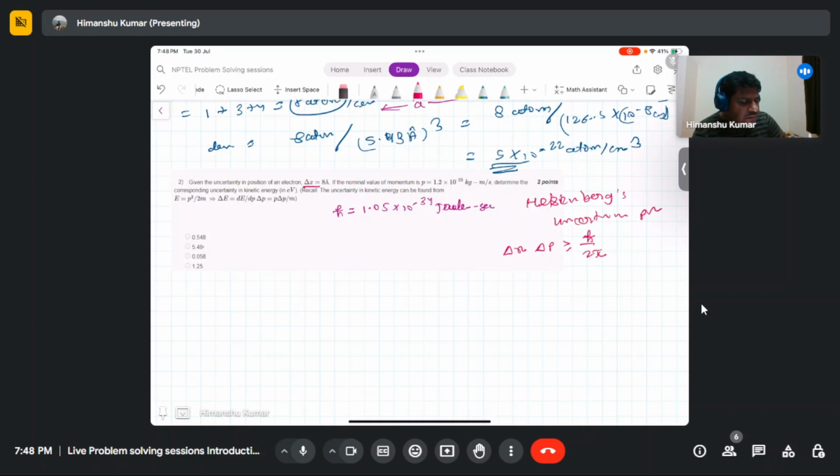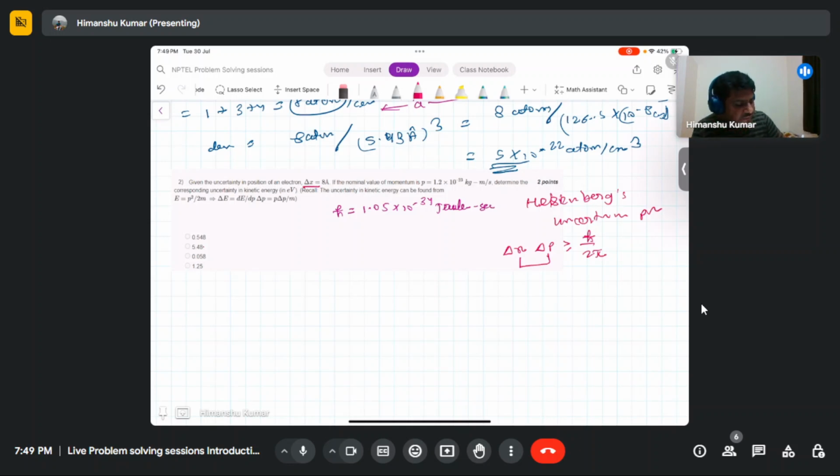In advanced texts, position and momentum are non-commuting variables. In quantum mechanics, if two variables are non-commuting, you can't observe them simultaneously at very high precision. If you have high precision in one, you need to compromise the precision in the other.